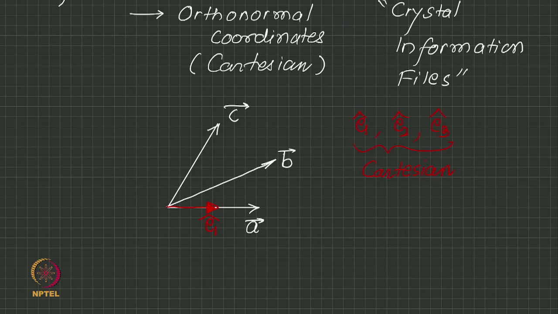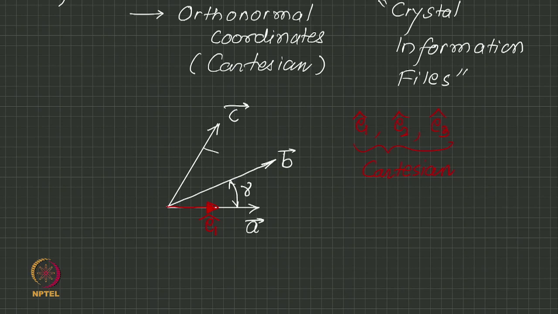Now, unless the angle between A and B is also 90°, we will not be able to orient E2 along B, because this angle is some arbitrary angle gamma. This is our convention, which we have discussed: the angle between A and B is known as gamma.